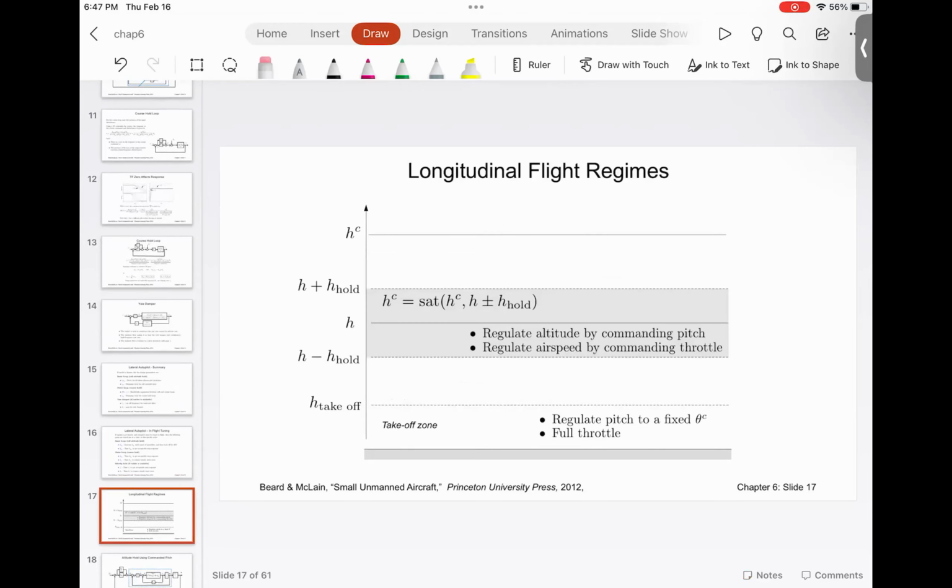Now in longitudinal flight regimes, we are going to see the same thing. We are going to have a long transfer function. We are going to break that transfer function into small pieces and adjust the gains so that the internal piece becomes 1. Then the next piece next to it becomes 1, and gradually everything becomes 1.